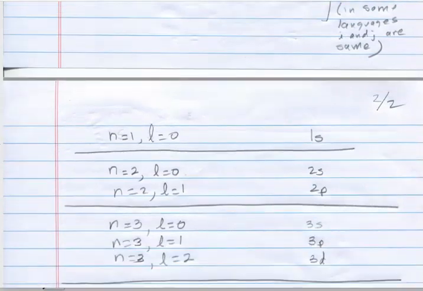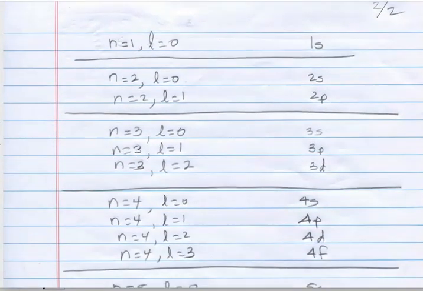But the usual spectroscopic notation: for n equal to 1, well, L can only go from 0 up to n minus 1, so n minus 1 is 0, so L goes all the way from 0 to 0. So there's only one value for L. The principal quantum number is the 1 here, and then the angular momentum quantum number L is the S state, so this would be a 1s electron if it was there.